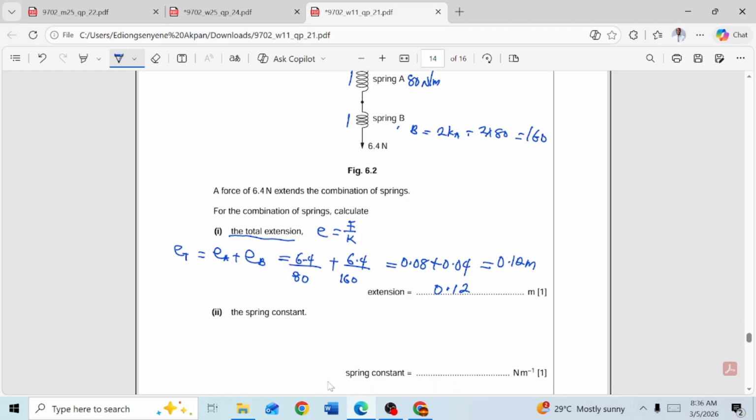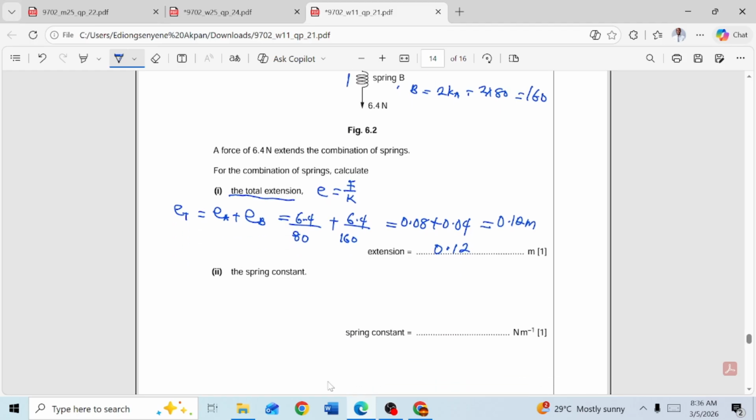Now the total spring constant. When spring constants are connected in series, we use 1 over k. So this will be the formula. And this gives us 1 over kt equal to 1 over 80 plus 1 over 160. The LCM is 160.